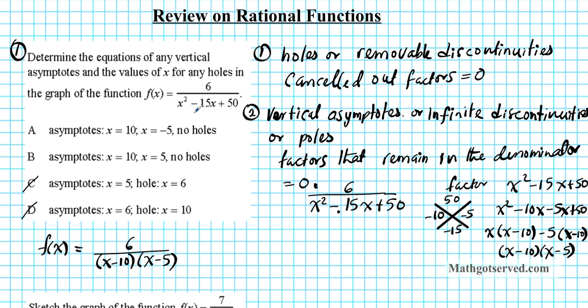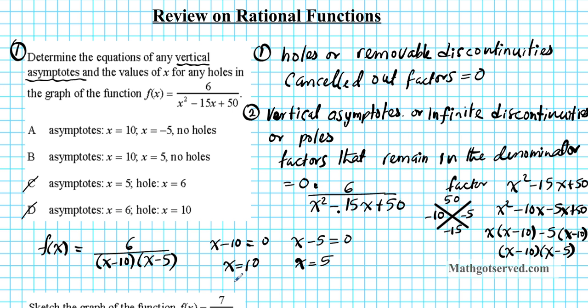So remember, to find your vertical asymptotes, what you do is you set the denominator after it has been reduced to 0 and solve. The factors that remain in the denominator. So all we'll do is we'll set x minus 10 to 0 and x minus 5 to 0 and solve. To solve this, we have x equals 10 and x equals 5.